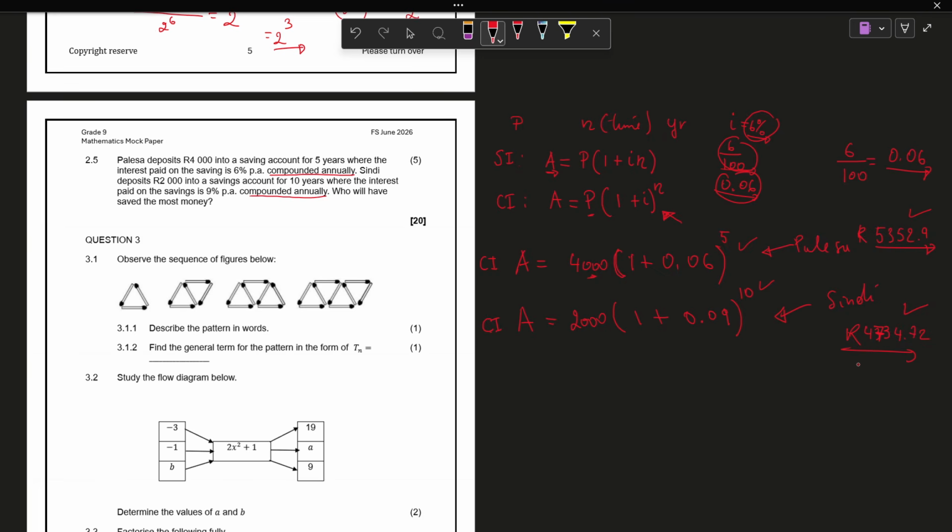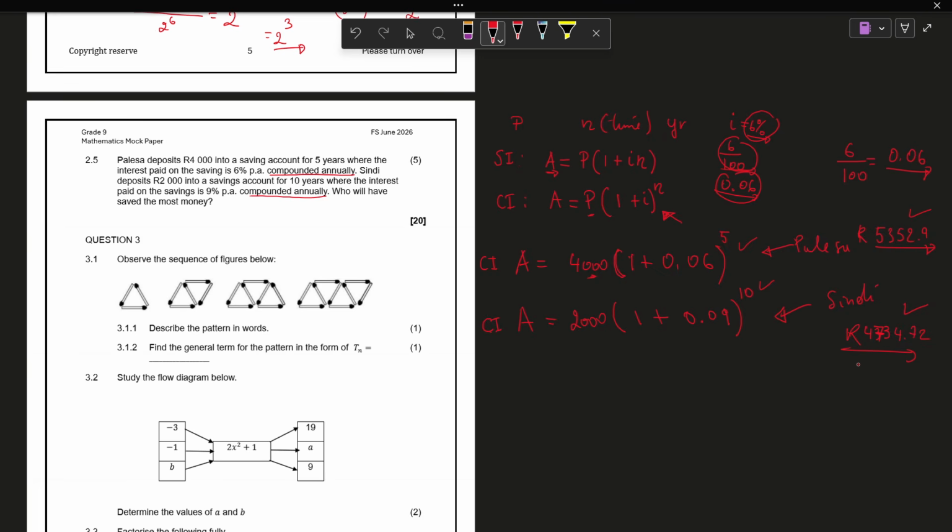So looks like it's going to be Cindy, because Cindy initially only deposited 2,000. Now the return is 4.7. So what do you think here, guys?